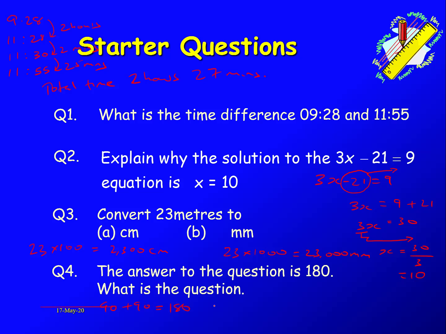Basic and simple. That works. Anything that works. 1 plus 179 equals 180. 45 times 4, 180. 360 divided by 2, 180, and so on. Anything you've got, I shall take. Good? I'm moving on.